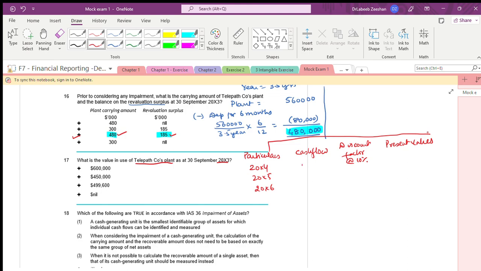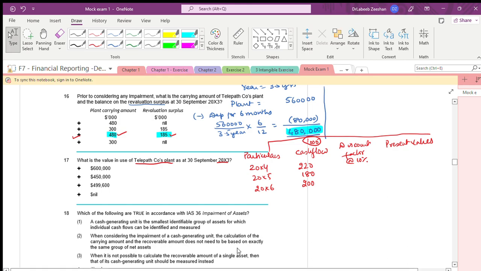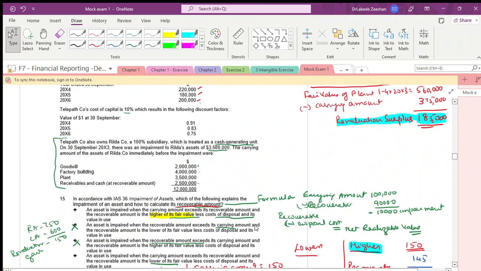How much are the cash flows? 220. Is that in thousands? Okay, in thousands. 220, 180, 200.